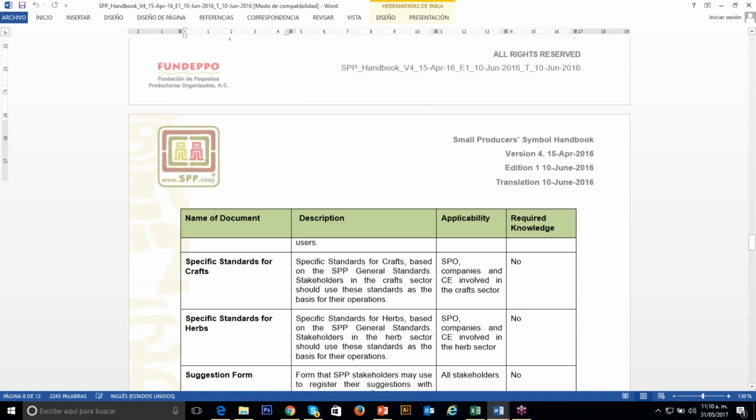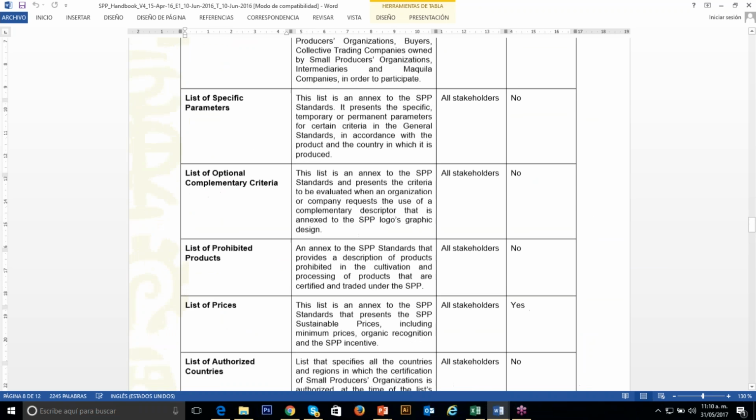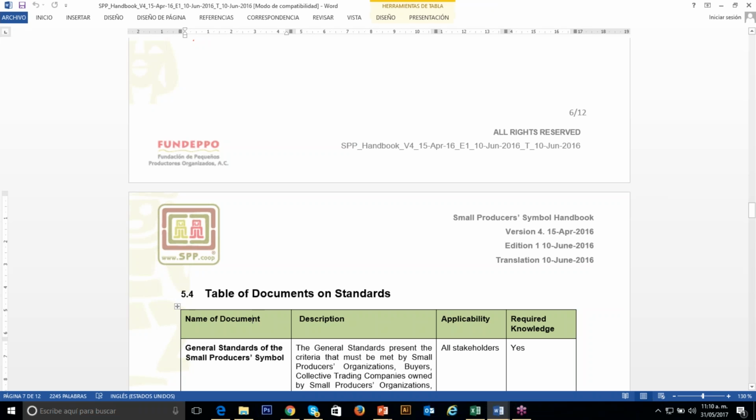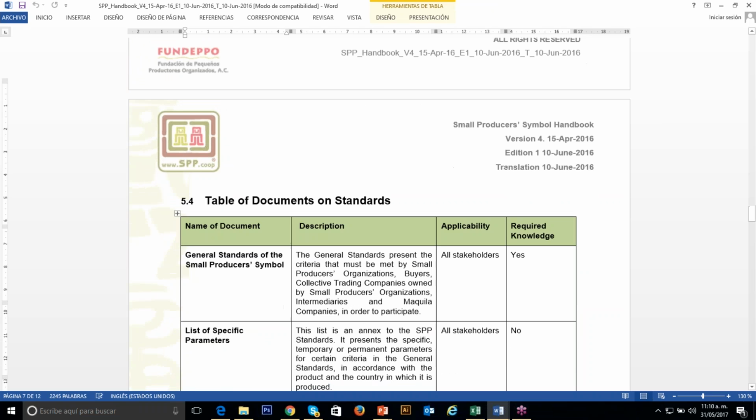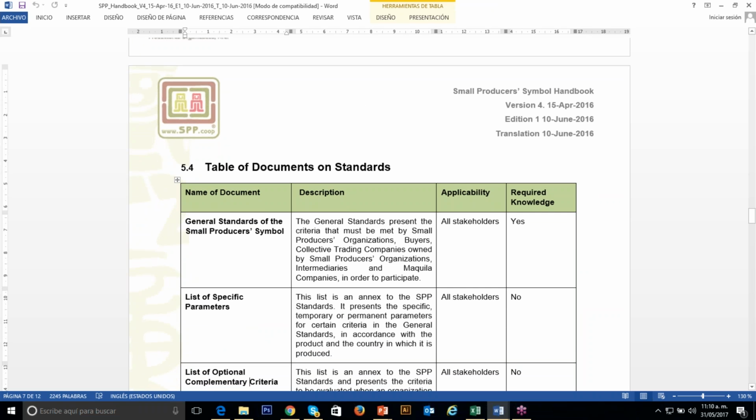And then in this table, the next column presents the description of the document. In the third column, the applicability. It means whether all stakeholders are involved or must be interested in the document or not. The general standard, for example, the applicability is for all stakeholders. And if you ask, is it required knowledge for all stakeholders? Yes, all stakeholders must know the general standard.